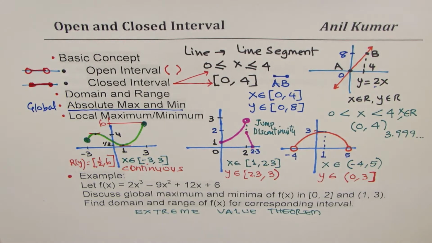So we'll take up now. Meanwhile, you can always pause the video, copy the question, solve, and then look into my suggestions. But I hope the concept of open and closed interval is clear, and now we are going to connect it with global maximum and minimum.